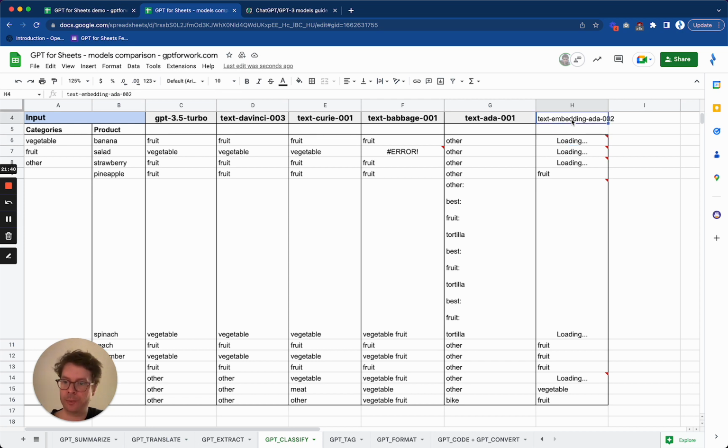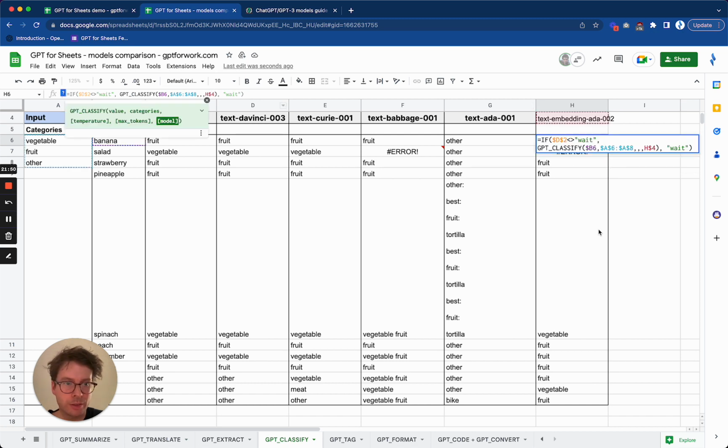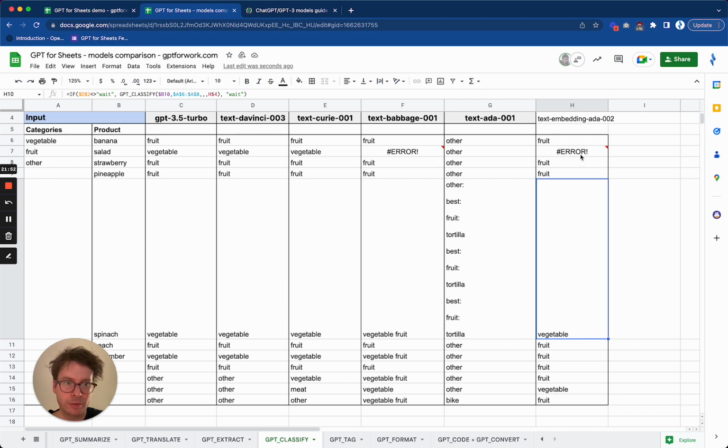So, interestingly, this seems to not be working very well. What model did I, yeah. Because this is supposed to use embeddings, and so I guess, interestingly, embeddings don't work as well with the other category.